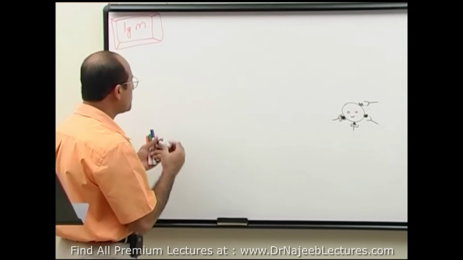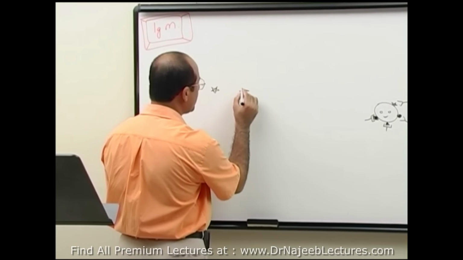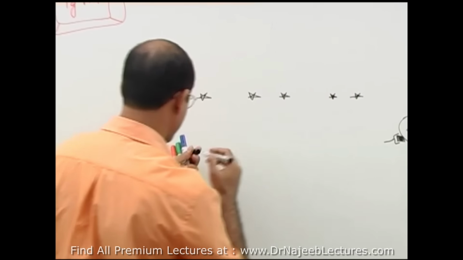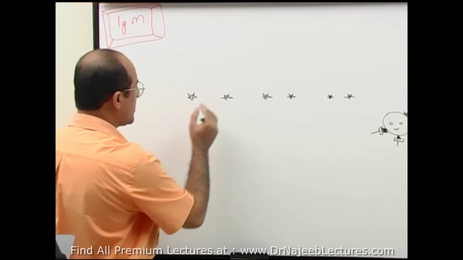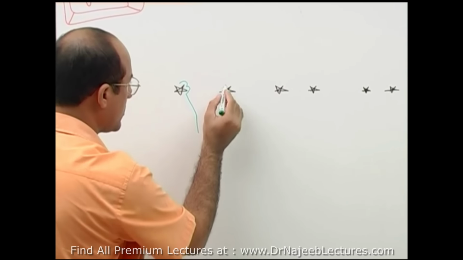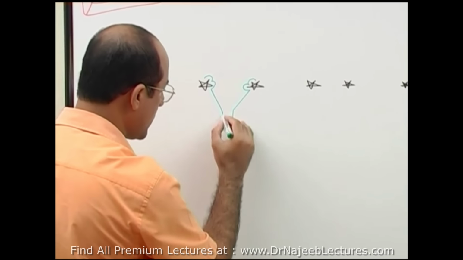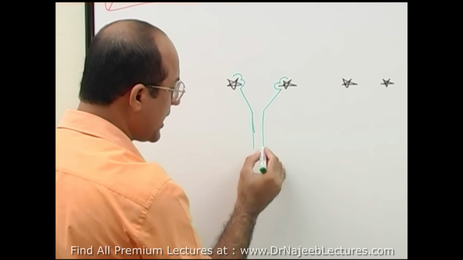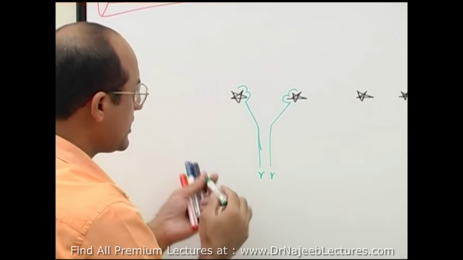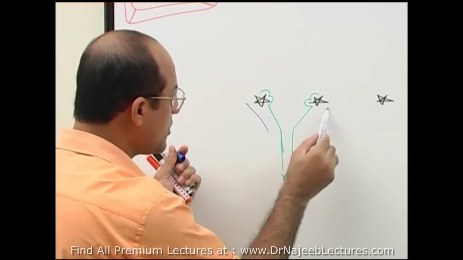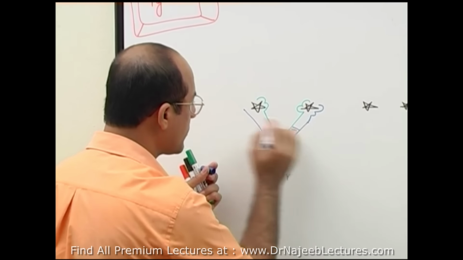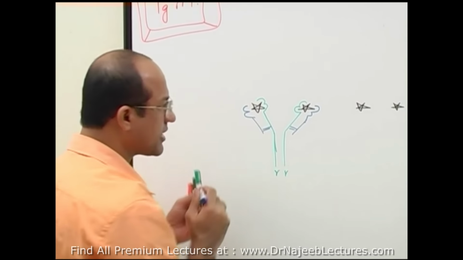Let's suppose this is star antigen. Now, suppose these are gamma heavy chains. If these are gamma heavy chains, then can you tell me which class of antibody is reacting with the star?